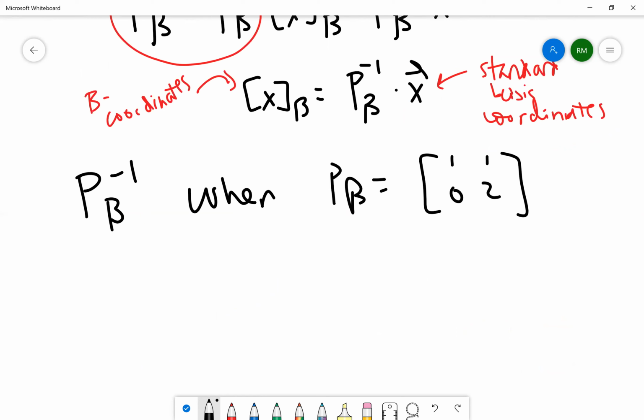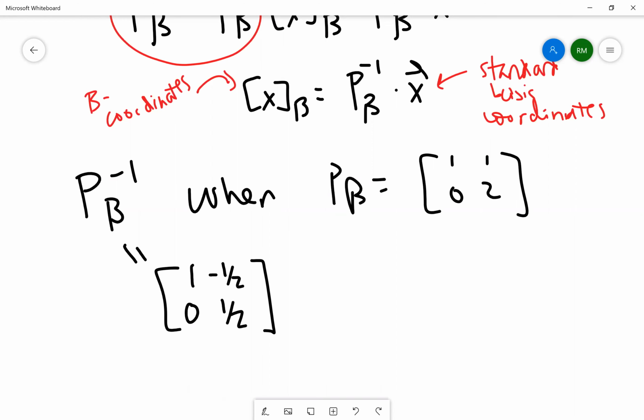Now you've had a chance to do that, you should get that P beta inverse is equal to the matrix with rows (1, -1/2) and (0, 1/2). All right, that's P beta inverse.